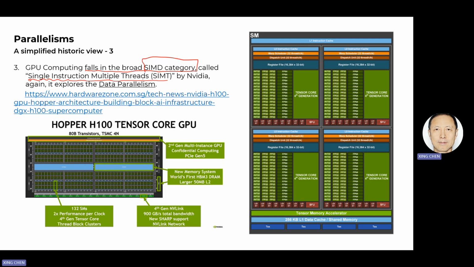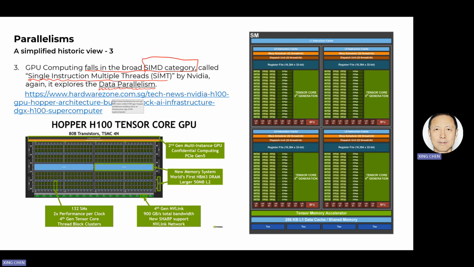At the end, the fact is that this SIMT is exploring the data parallelism. Starting from the first day, it starts to explore the data parallelism, so it's in the right direction to deliver performance to the industry.